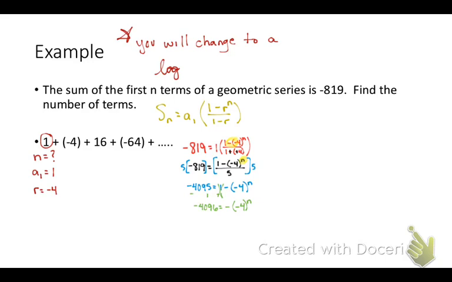What's going to happen to the negative here and the negative there? They're going to go away, right? So then the left side is really 4,096 equal to negative 4 to the nth power.